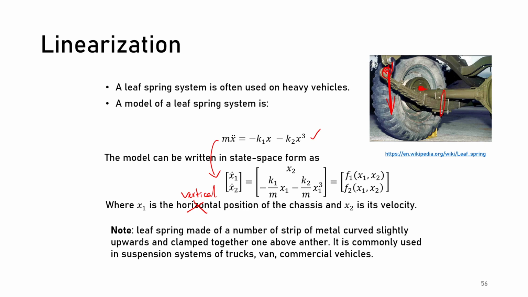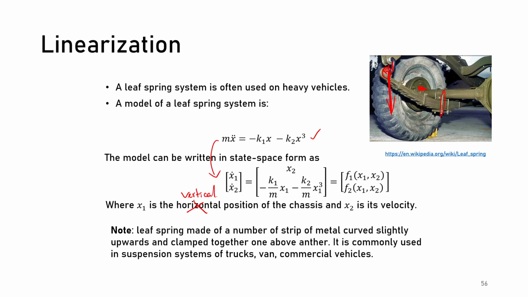So we have F1(H1, H2), F2(H1, H2). F1 is already linear, we don't need to linearize it. But F2 is nonlinear, so we follow the process of linearization. But first, find the equilibrium.